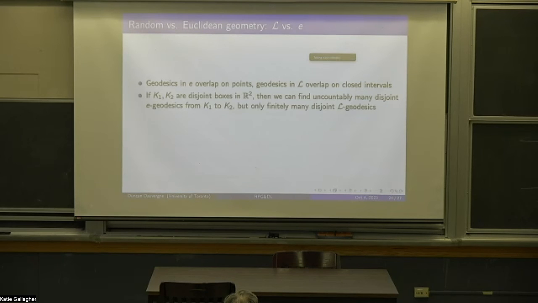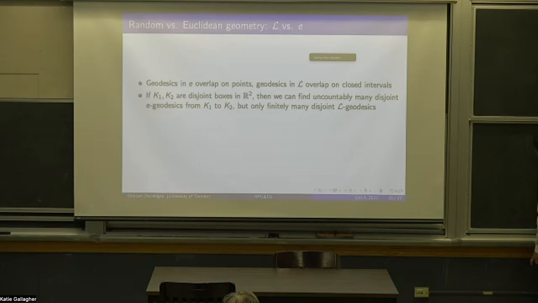Here's a stronger thing. Say I give you two boxes. Of course, in deterministic geometry, I can just draw many straight lines that are disjoint between these two boxes. But what happens in random geometry is that things need to coalesce.